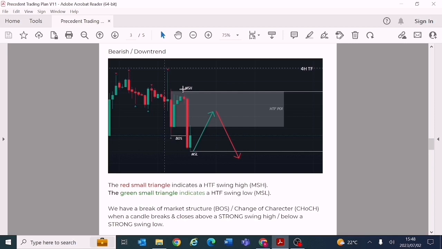This one is a swing high that sponsored the move that broke this low, creating the break of structure. This was a previous strong high. Why? Because it sponsored the move to break this low. So whenever a swing high breaks a swing low, the swing high that broke the swing low is considered to be a strong high. Cool.